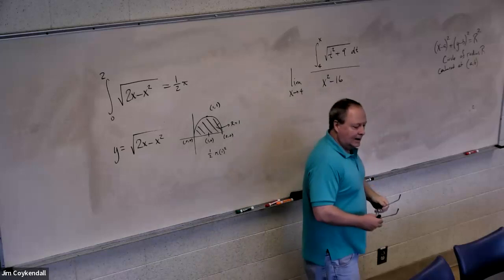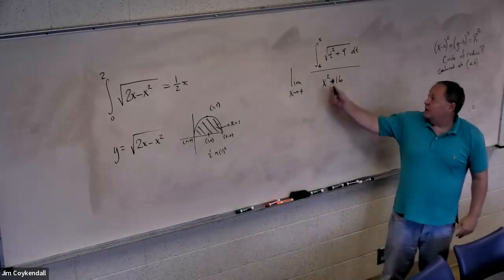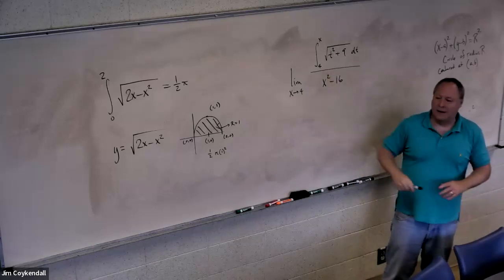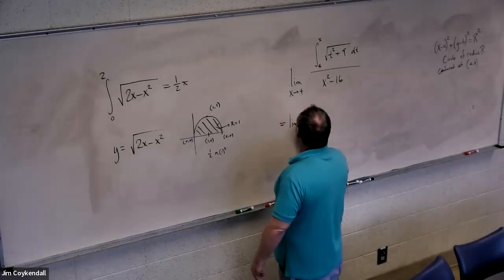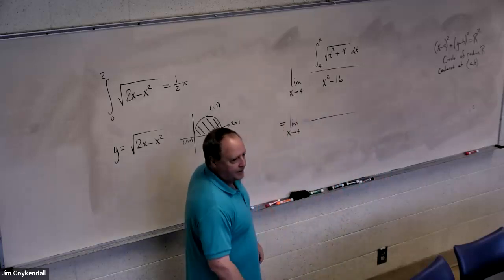And if I remember right, that's a good time to try L'Hopital's rule, especially since the top function looks like that. I mean, you're not going to factor it. So let's try what we call L'Hopital. I'll bet you do the bottom, just the bottom.